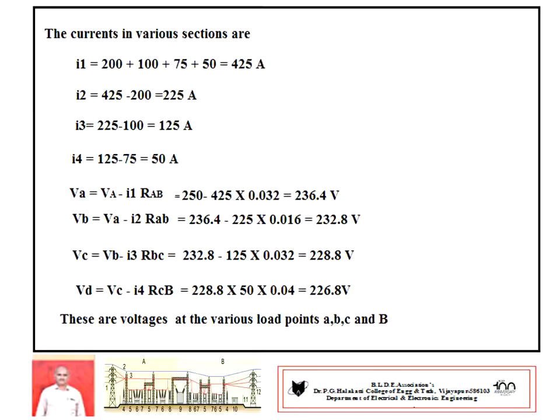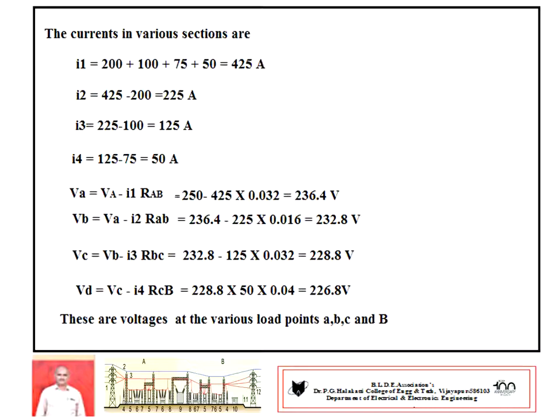Actually we have to calculate the voltage drops. Before that, we have to determine the currents. Current I1 is 200 plus 100 plus 75 plus 50, the addition of all, which is 425 ampere.